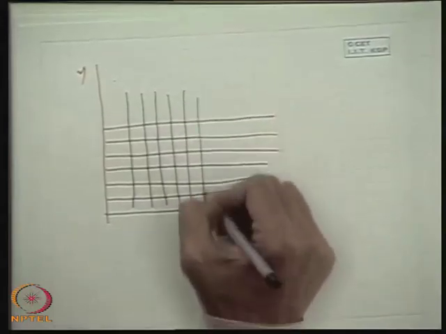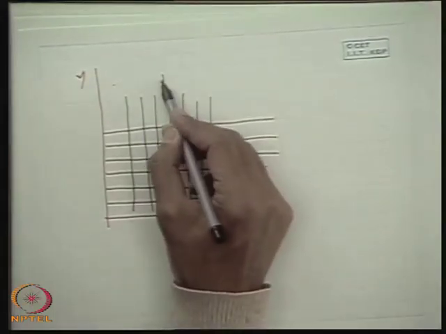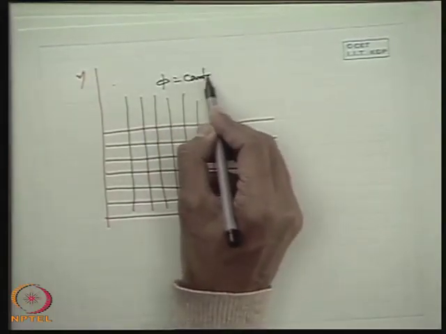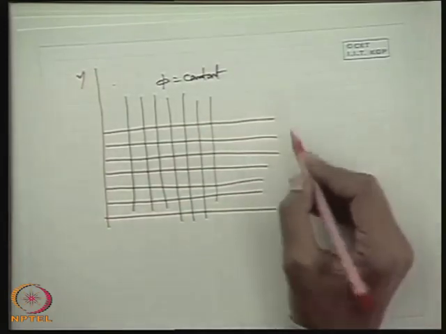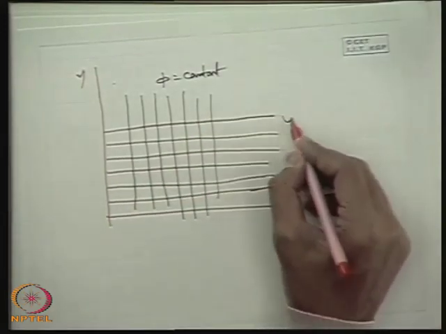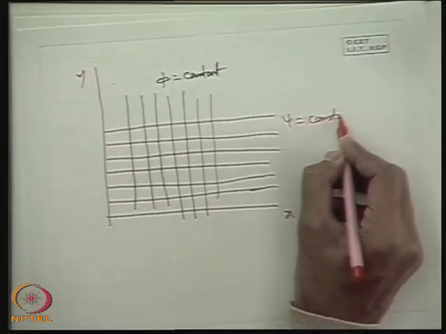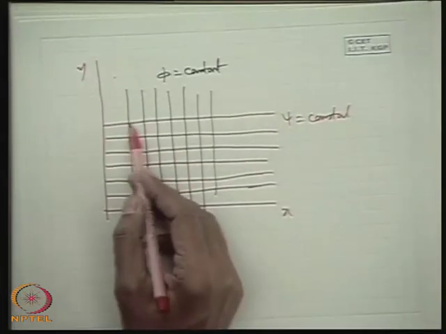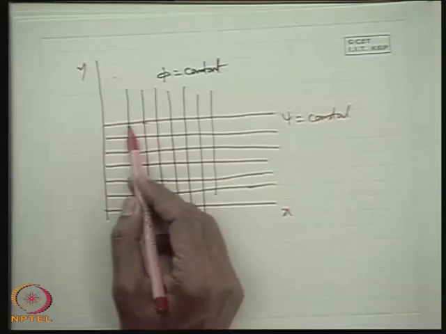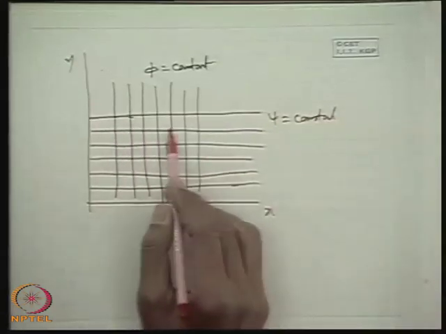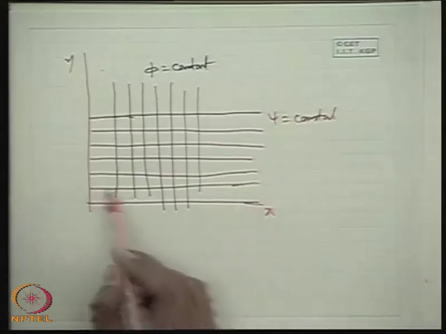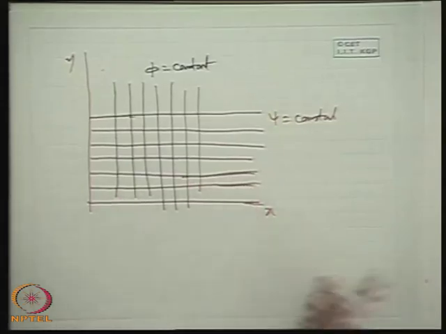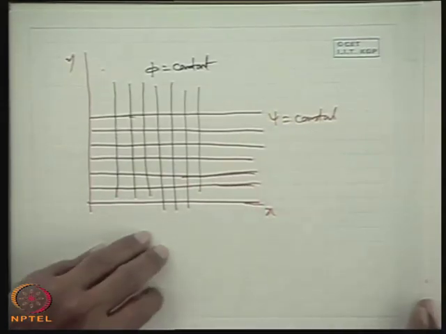The vertical lines are phi equal to constant lines, and similarly the horizontal lines are psi equal to constant lines. So a typical square, with del psi and del phi remaining the same, gives a flow net for a flow field where the fluid velocities are along the direction of the x-axis. So streamlines are parallel to the x-axis. So this is the concept of flow net.